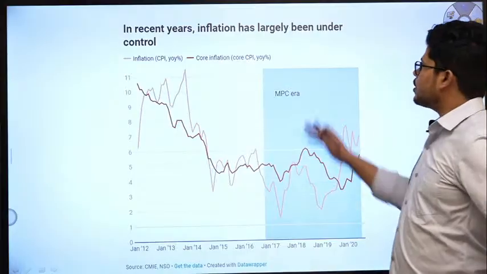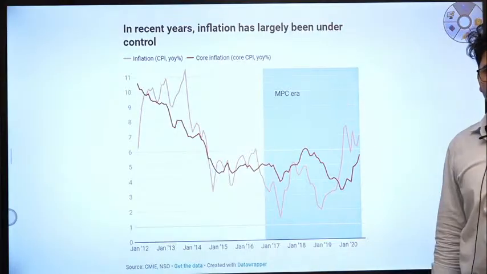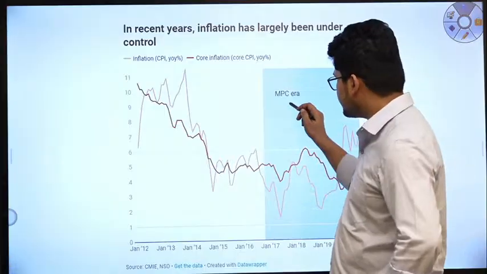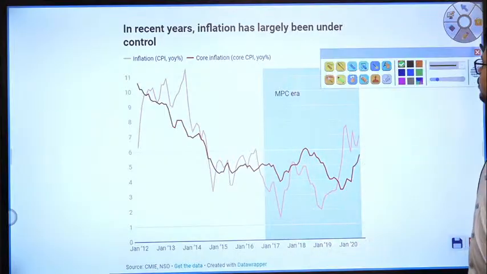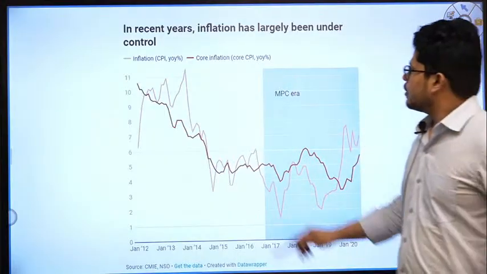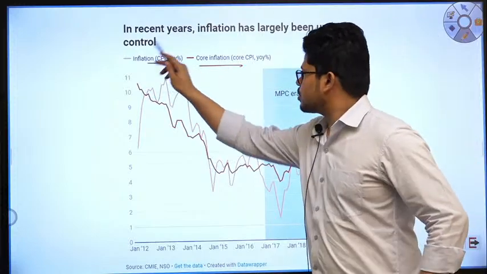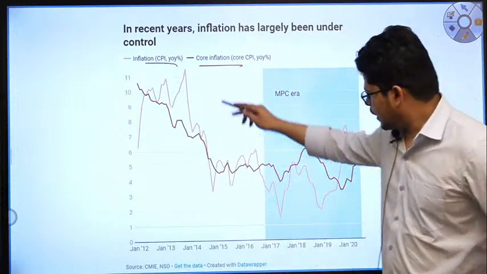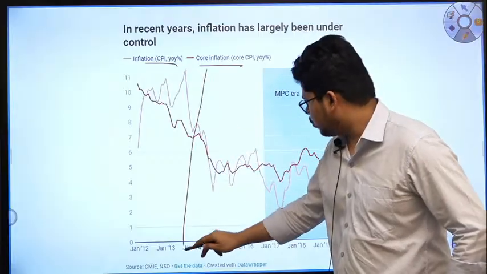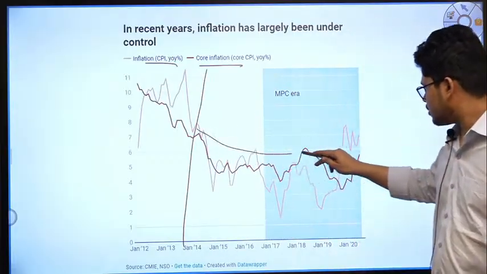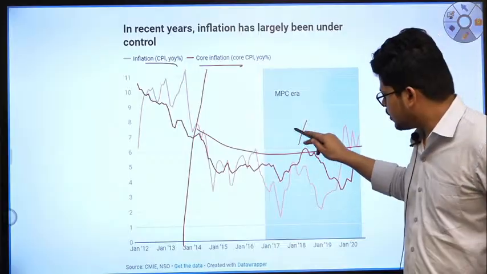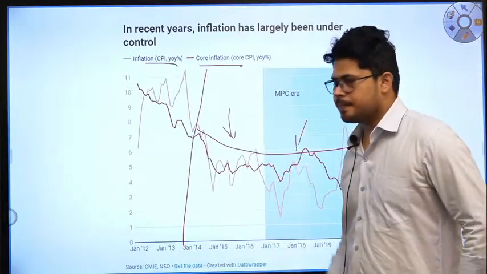In recent years, inflation has largely been under control, and moreover, you can see this is the MPC era, Monetary Policy Committee. Okay, this represents core inflation and inflation. You can see that after January 2014, inflation level has been consistently low, whether in the MPC era or without the MPC era.